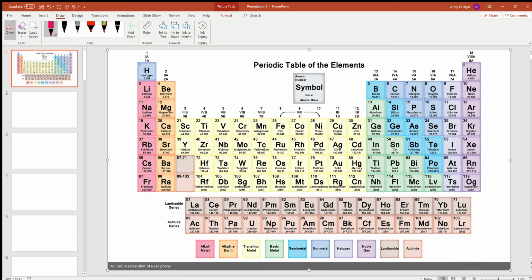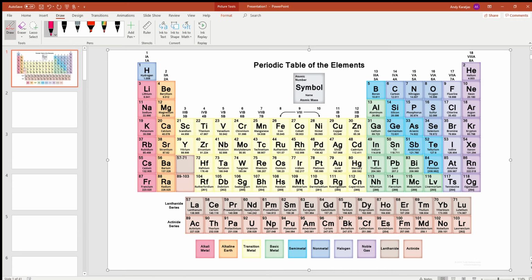So the next time a new element is discovered, it will end up going here and starting a new row right below francium. And then the periodic table will continue on from there.